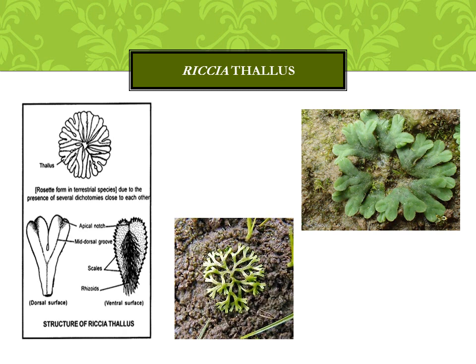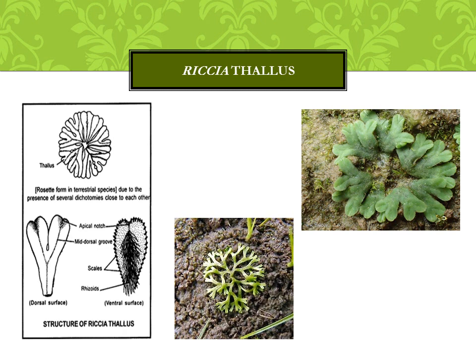This is the rosette shaped structure of the Riccia plant. You can see here the dichotomously branched, rosette shaped thalloid structure. The body cannot be differentiated easily into any organ, like leaves, roots or stem.